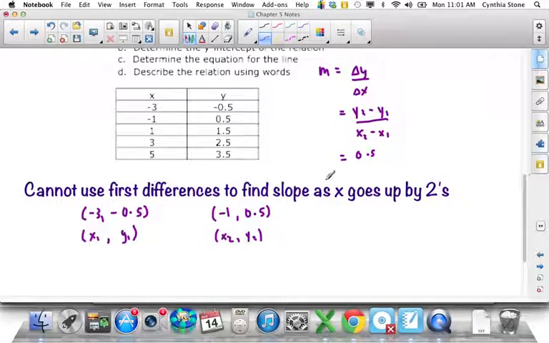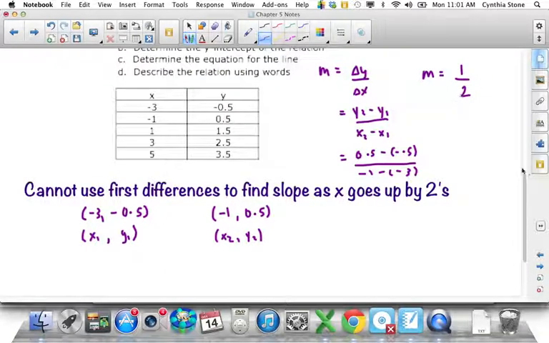So that's minus 0.5, right? So I got to go minus minus over x2 minus x1, which would be minus 1, negative 3. So m equals 0.5 minus minus 0.5 is 1 over minus 1 plus 3, 2. So my slope is 1 over 2, or 0.5. Okay, so that's part A.